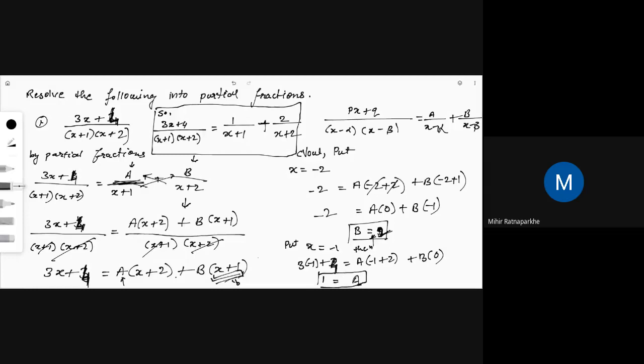And then they are saying resolve into partial fractions. So how can we do this? We'll convert it to proper first. We have seen the method in the previous lecture of how to convert improper to proper. And once we get proper, then we know how to resolve into partial fractions, right? We'll see that type of example soon.